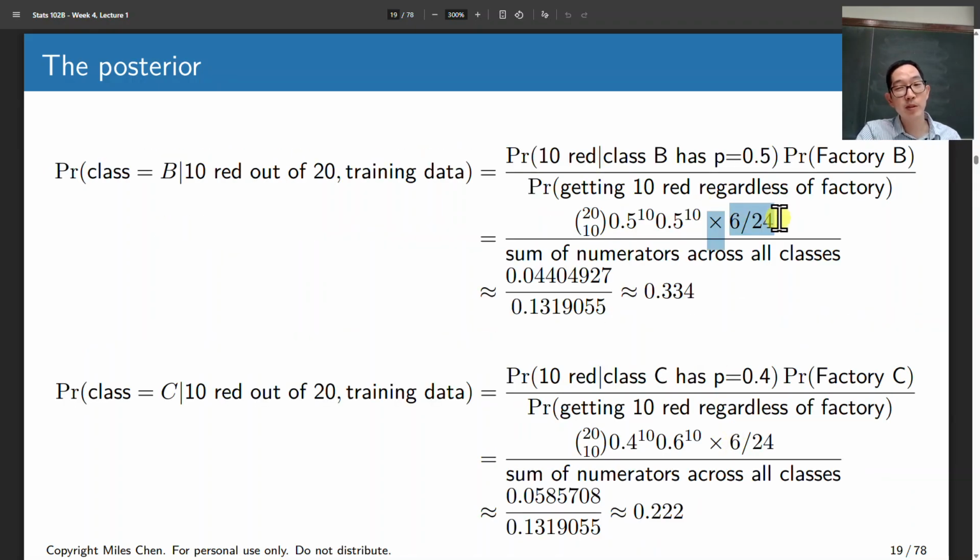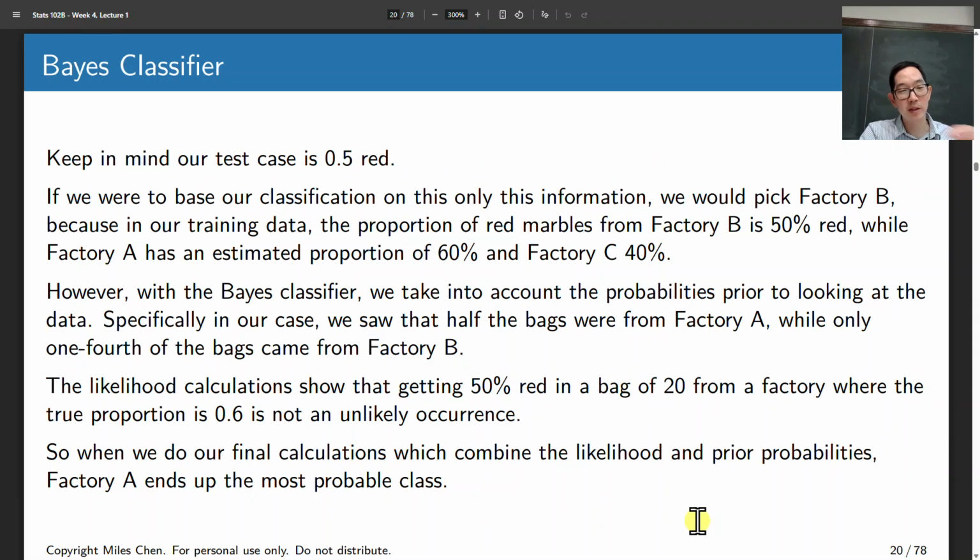The prior probability for factory B was 25%. After what we see in the data, it goes up to 33%. The prior probability for factory C was 25%, and after looking inside the bag and seeing the data, it drops down a little bit to 22%. So that's what happens. We're combining our information between our prior probabilities and the likelihood of the data.